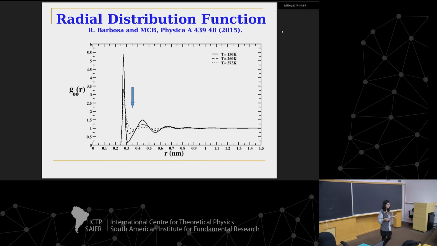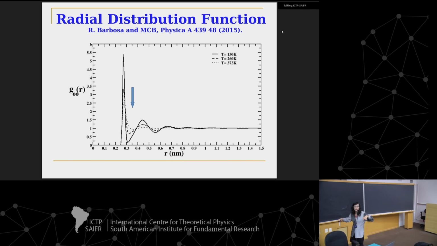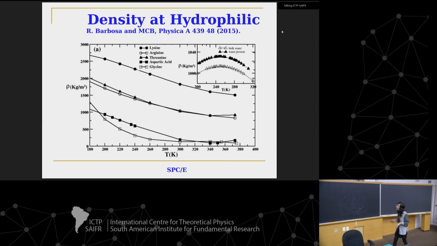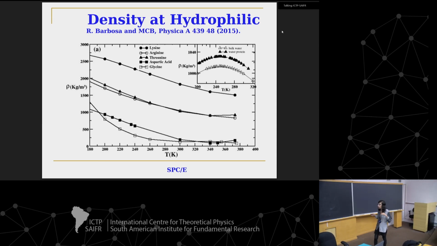It's rather arbitrary, because I'm taking a measure in the absence of the protein, but if I want to do a measure, I select a distance, and this is the distance I select. It's a distance in which, in bulk water, I will not have many layers of water. I will have one, maybe two layers when I'm close to the protein. And then I look at the density of water in this layer.